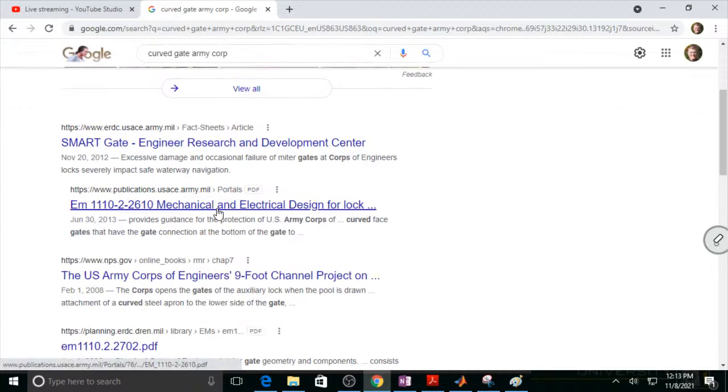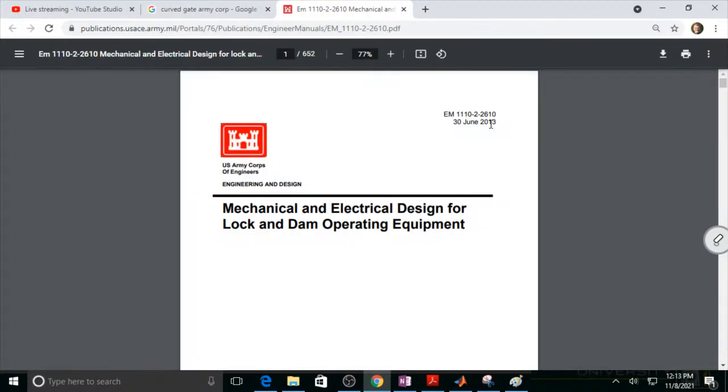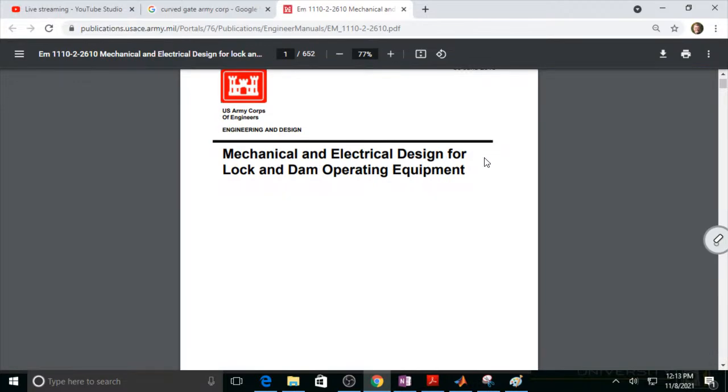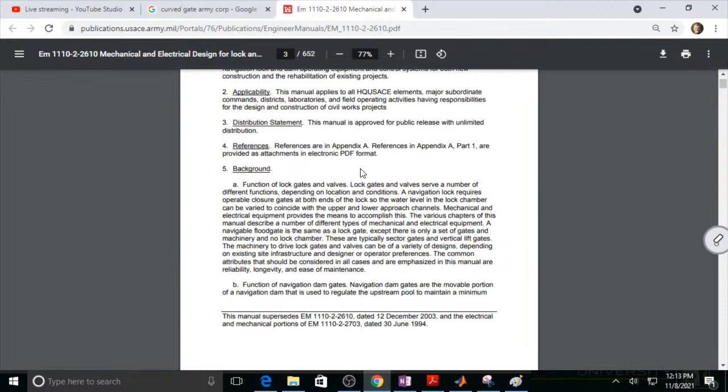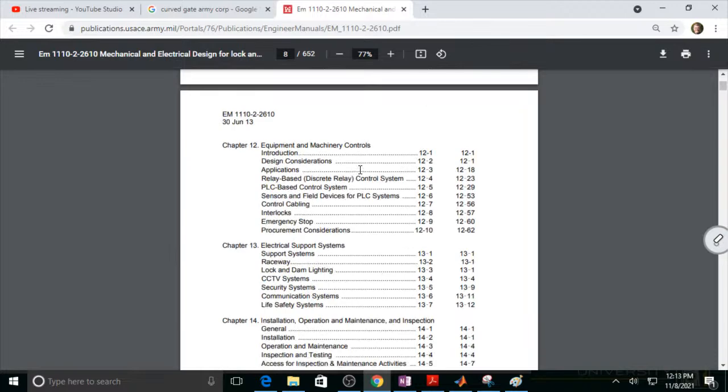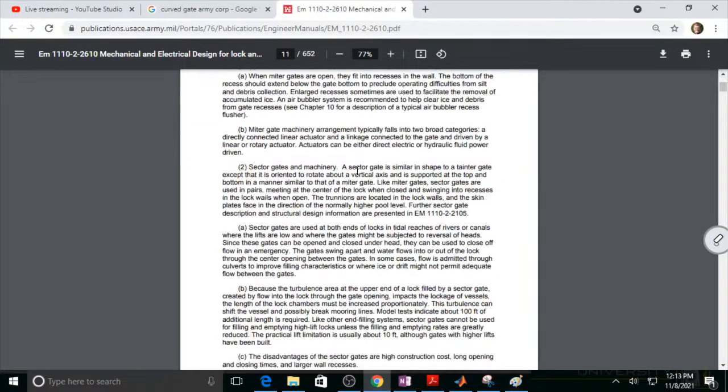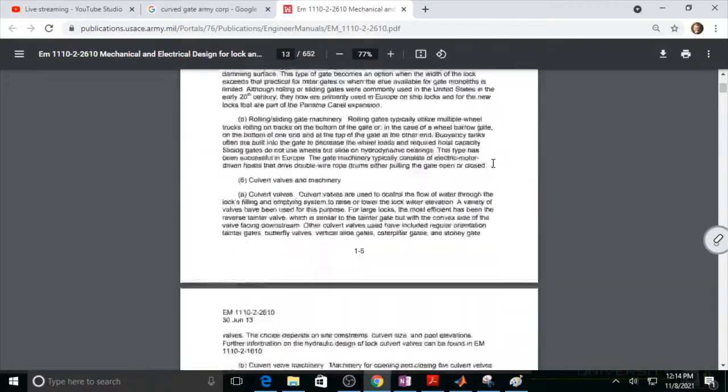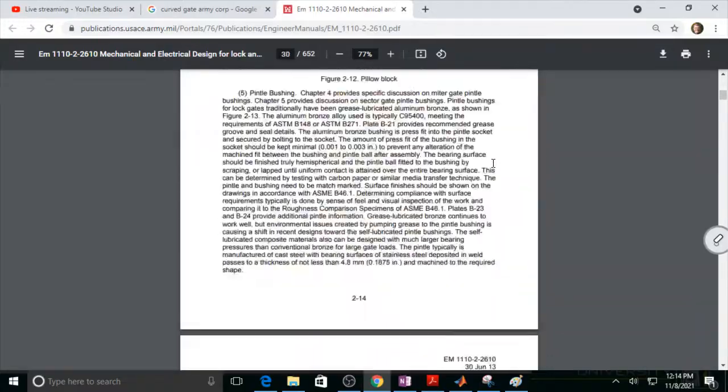Smart gate. Okay. I clicked it. Oh, here we go. When was this? 2013. Mechanical electric design for lock and dam operation. I don't know if this has any pictures of any of those gates. A lot of this will probably be regulations and stuff. Why is it not going down? There we go.